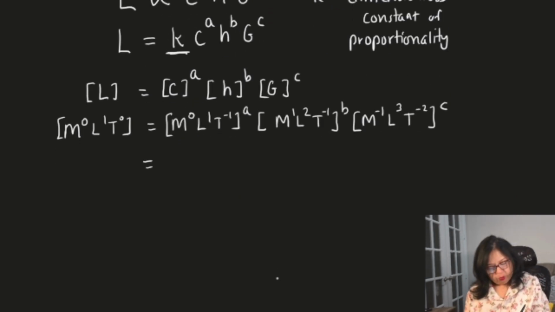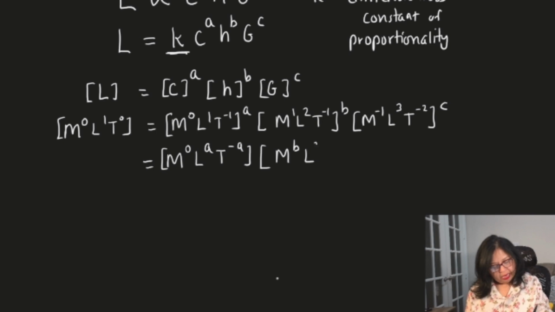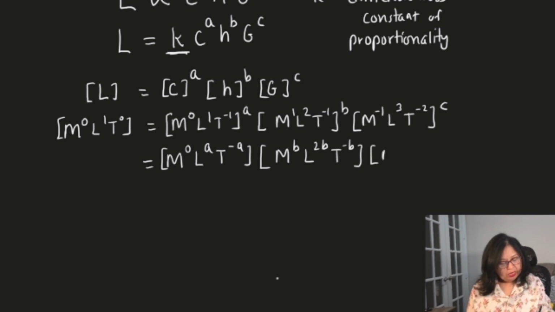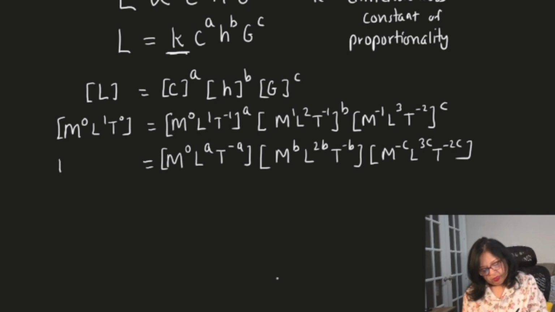Now, as before, we are going to bring the powers inside the brackets. That will give us M0 L^a T^(minus a), M^b L^(2b) T^(minus b), M^(minus c) L^(3c) T^(minus 2c). On the left hand side, I have M0 L1 T0.